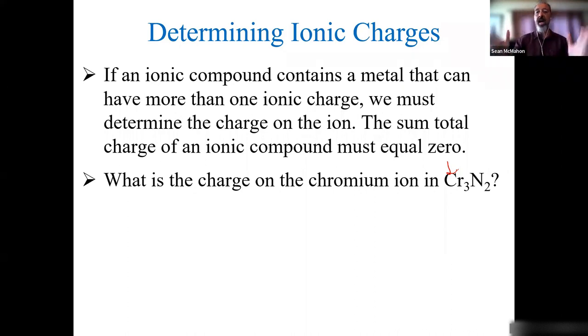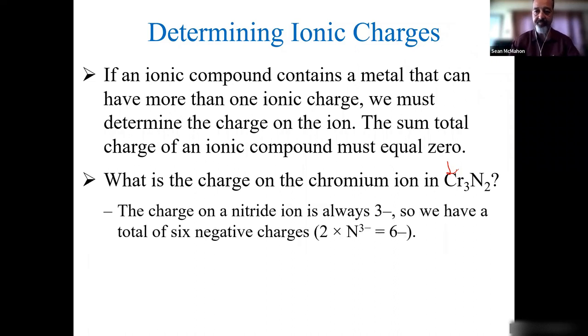Okay, now how do I determine the charge for chromium? Each nitride is a 3 minus. There's 2 of them. So that gives me a 6 negative. Okay. So I have a total negative charge of 6 negative.